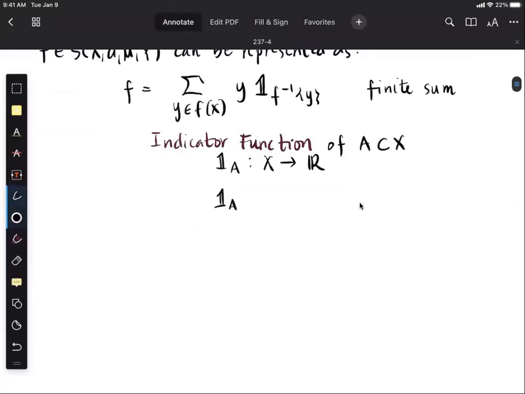So it is either 0 or 1: it is 1 if x is in A, and if x is not in A, then it is 0. So this is just asking whether an element x is in A or not in A. So that's the indicator function.